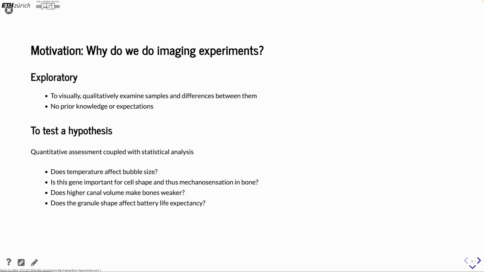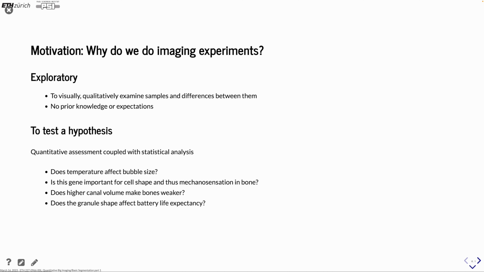So, first, a little bit about motivation. Why do we do imaging experiments at all? First idea could be that we want to explore some sample, to visually and qualitatively examine samples and look at differences between them.